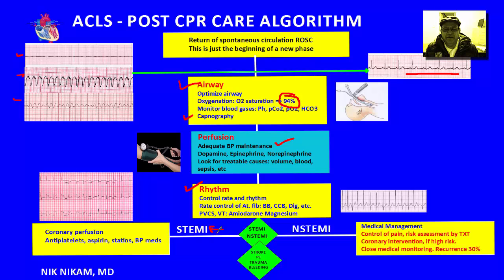So, ladies and gentlemen, this is in a nutshell post-cardiac care algorithm, just to give you an overview as to how important it is to understand the significance of time in implementing proper interventions to minimize the damage and maximize the overall condition of the patient.